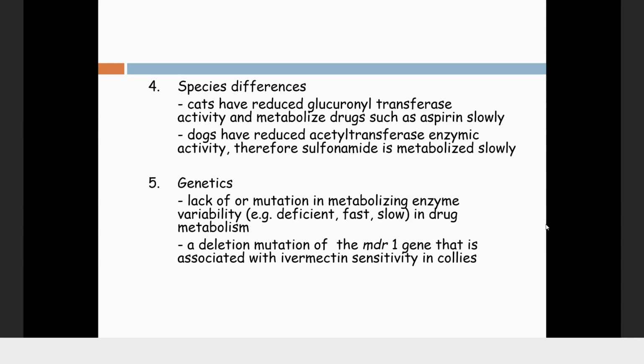For example, collies are sensitive to ivermectin. This is because of the mutation of the MDR1 gene. So the MDR1 gene has been mutated, therefore they are prone to toxicity at the normal dose of ivermectin. So in collies, you must be very careful when you administer ivermectin.